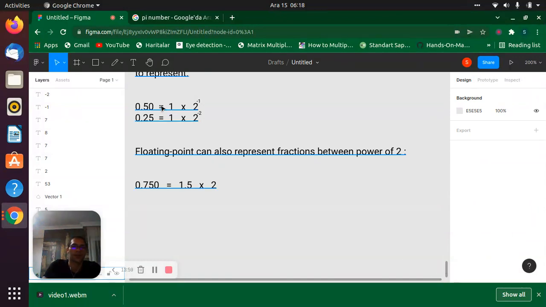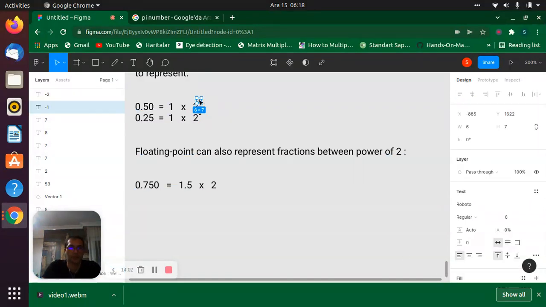Okay, let's come here and take this one. It's a power of 2.